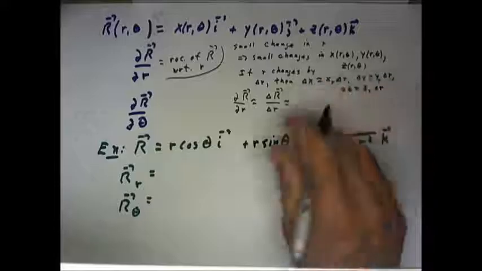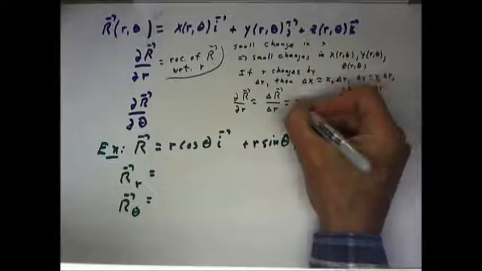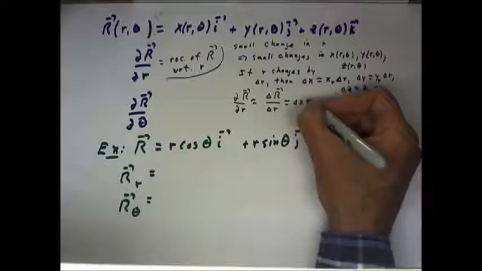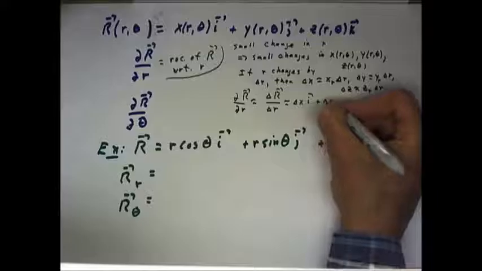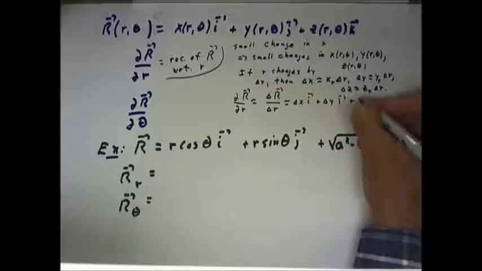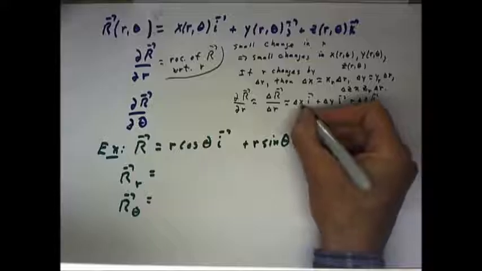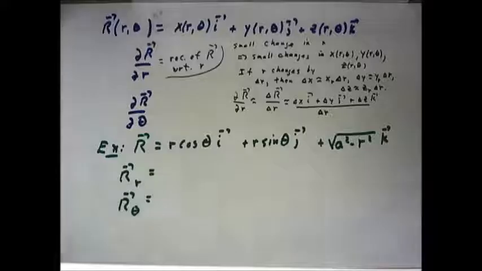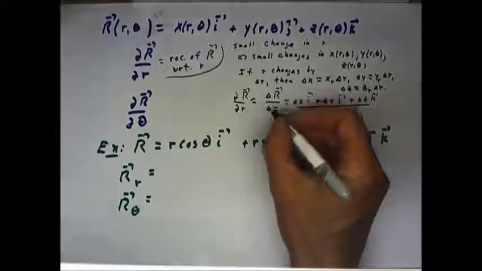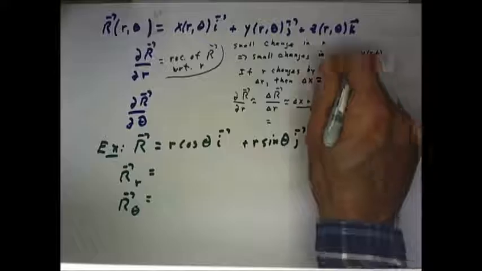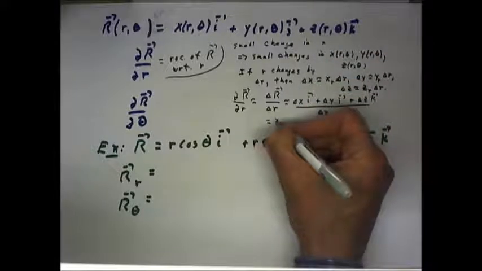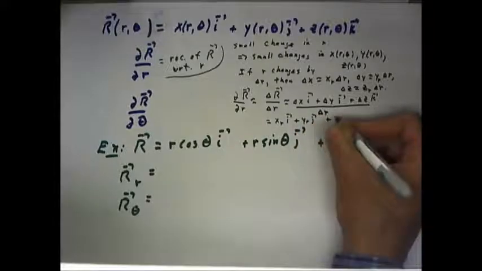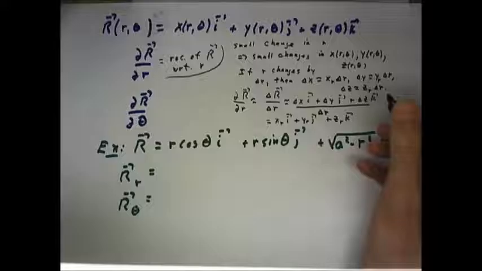And that, in turn, is approximately equal to the change in x times i plus the change in y times j plus the change in z times k, divided by delta r, and that's equal, because of what we've seen here, to just x sub r i plus y sub r j plus z sub r k.